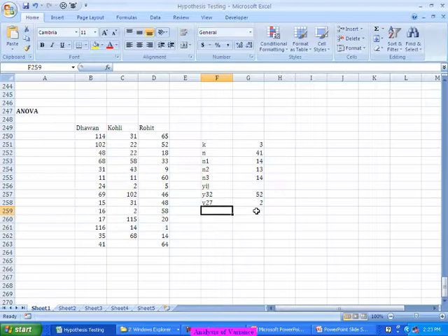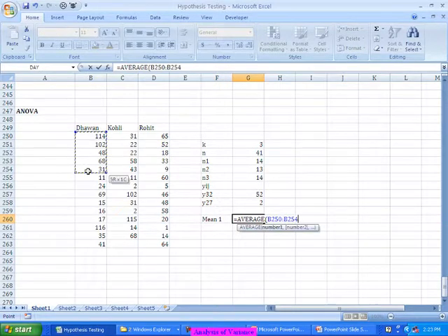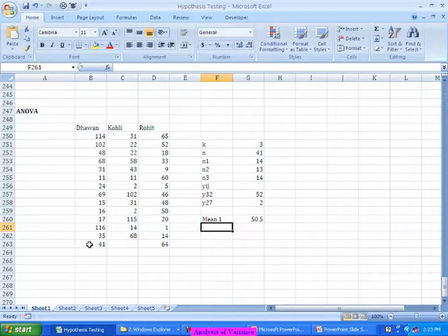Those are some of the things we are interested in. So a couple of calculations are required, probably the mean of the first set. If I take the average of this data, it is around 50.5.